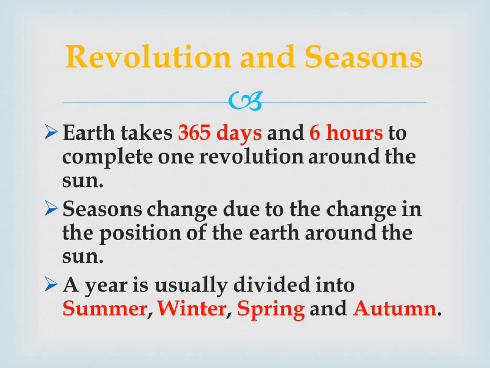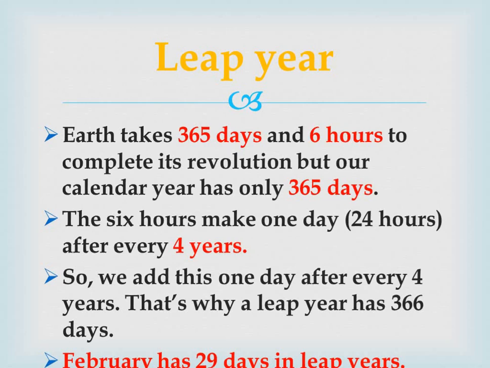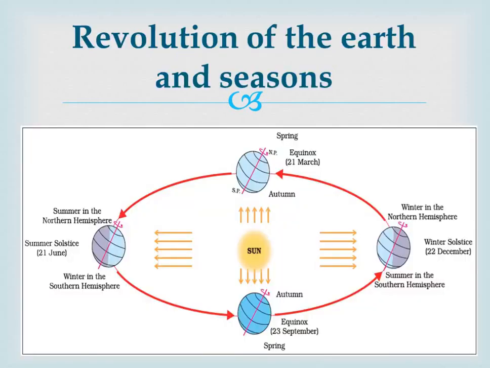Through one diagram we will discuss again. A year is usually divided into 4 main seasons: summer, winter, spring and autumn. Now let's discuss the same with the help of the diagram. In this diagram you can see the summer in the northern hemisphere.